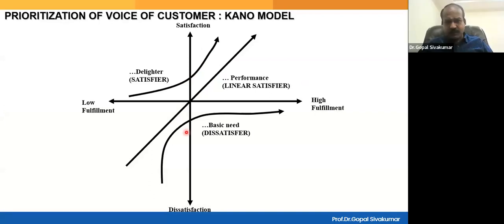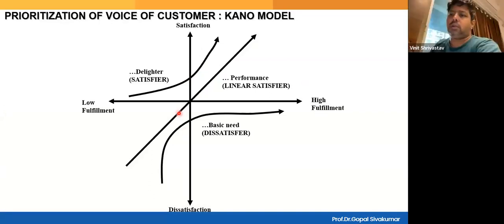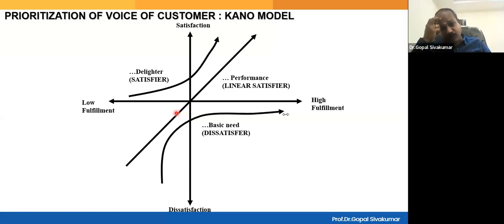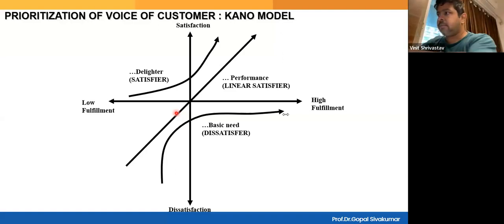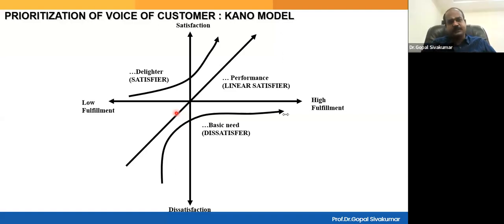I'm giving you a graph which will talk about the Kano model, and how the Kano model prioritizes your product features. When I say product features, they are again CTQs, isn't it? Yes. When I say product features, product specification, again CTQs.